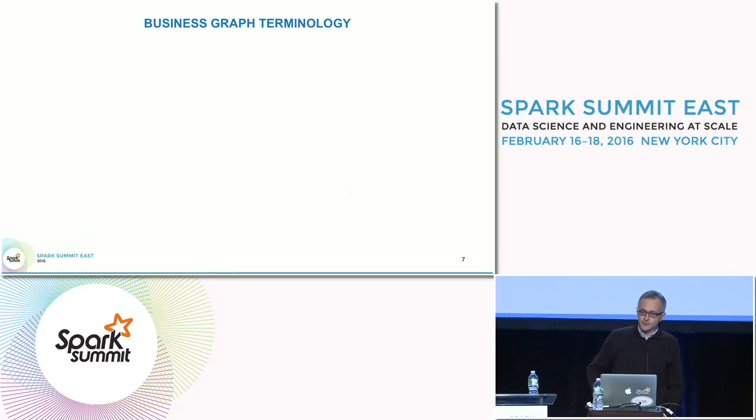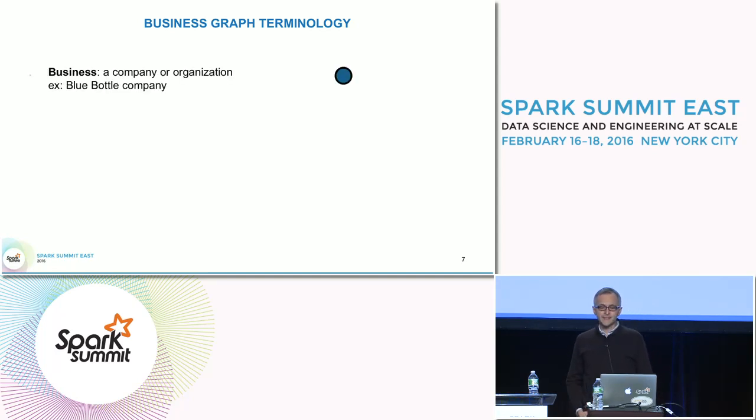I'm now going to define some terminology. Pay close attention as the concepts and symbols that I will introduce will be used for the remainder of the presentation. A business represents a company or organization, such as Blue Bottle, which for those who don't know is an upscale coffee chain. I am representing it as a dark disk with a bold border.